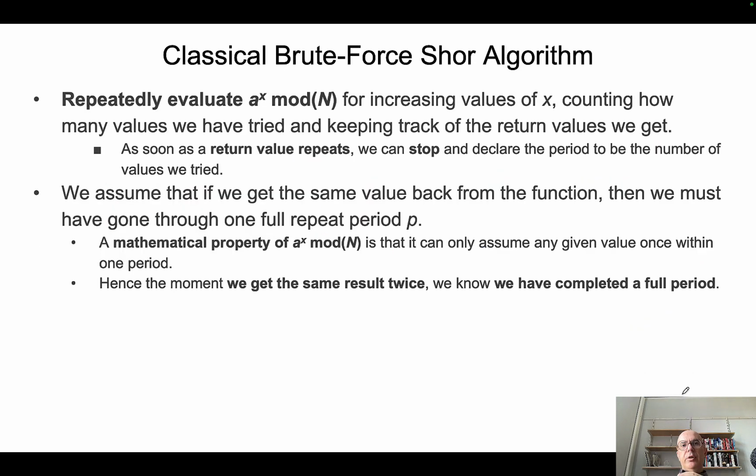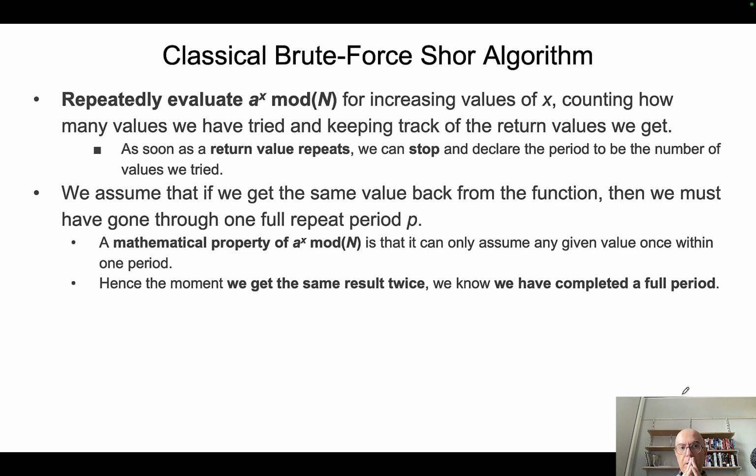In the next lecture, I'm going to explain how to use a quantum computer for calculating the repeat period. I just want to mention now how to calculate the repeat period using a classical computer. That will also allow us to understand how computationally intensive it is and what the cost of the computation is in the classical case.